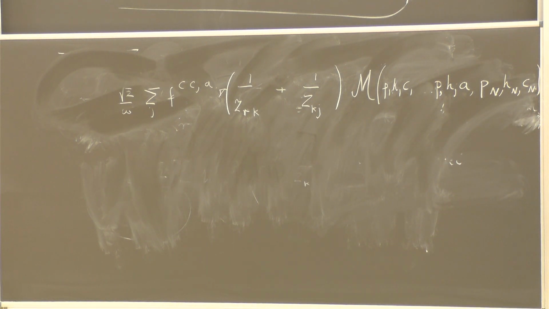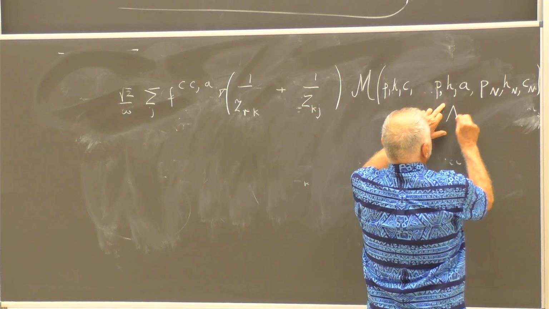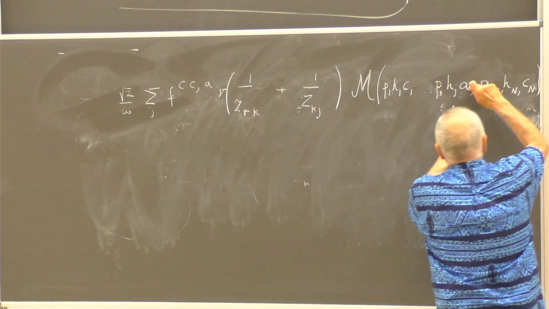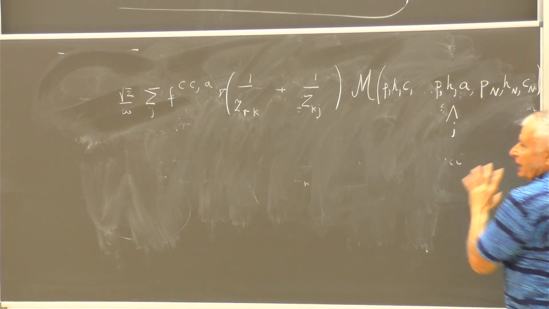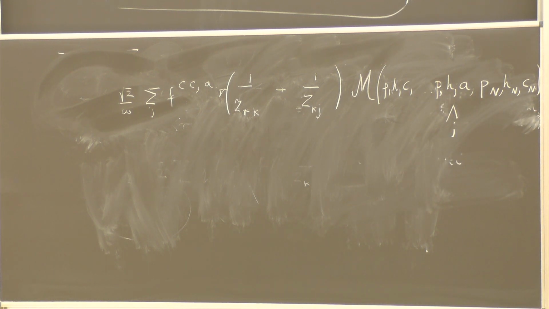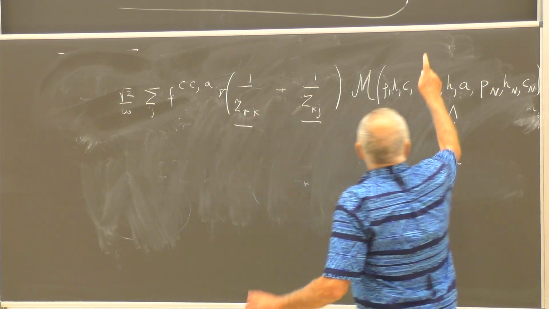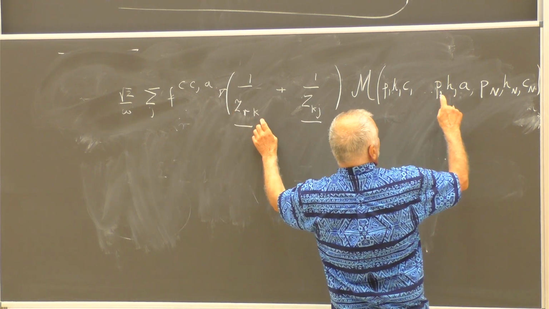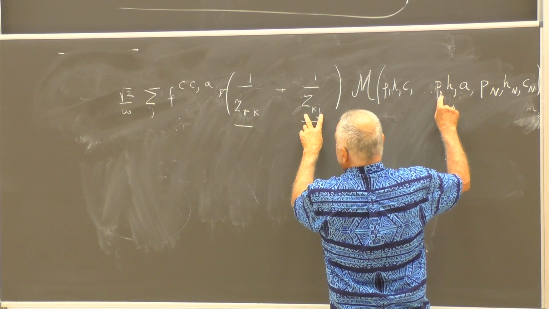So the only difference now is that this index A, which appears in the soft factor, appears in all possible places, corresponding to all possible emissions from all possible external legs. All right? And as before, I did the trick of splitting the soft factor into something which does not depend on J and the rest. So this is it.